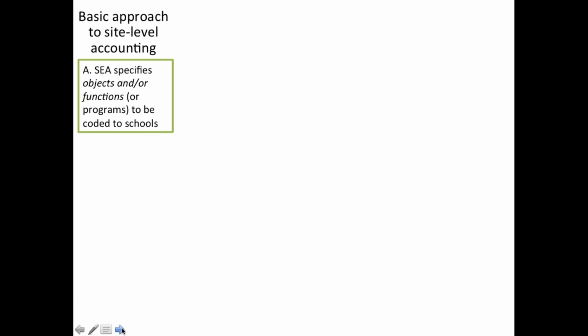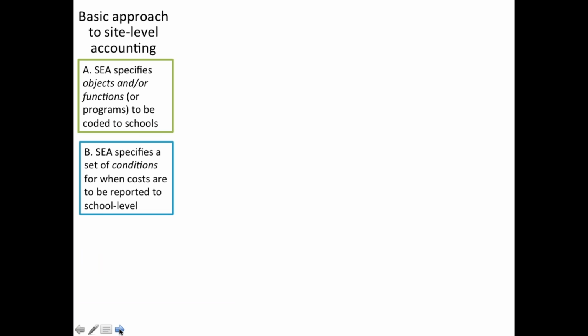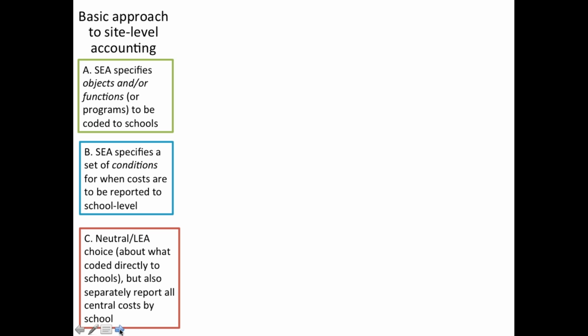So you may remember this slide where we said there was a basic approach to site level accounting, and these are the three options again. The SEA would specify options or functions to be coded to schools, or the SEA would specify a set of conditions for when costs are to be reported at the school level, or the SEA was essentially neutral, and the LEA would make the choice about what is coded directly to schools, but also would separately make sure to report all central costs by school.